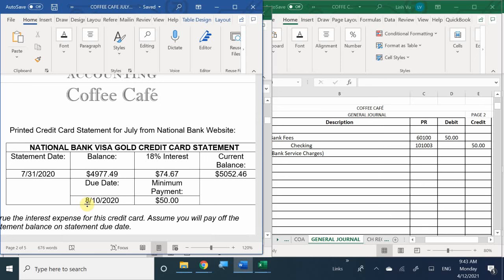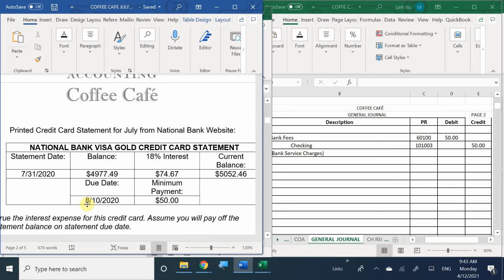It's also going to give you your minimum payment due, and it's also going to recognize when it is due.